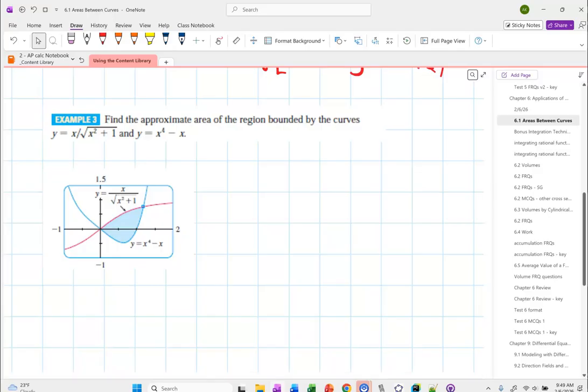Okay. Notice here again, they gave us a picture, but what did they neglect to give us this time? The actual intercepts, right? How did we find the intercepts again? Where the graphs cross? Set them equal to each other.